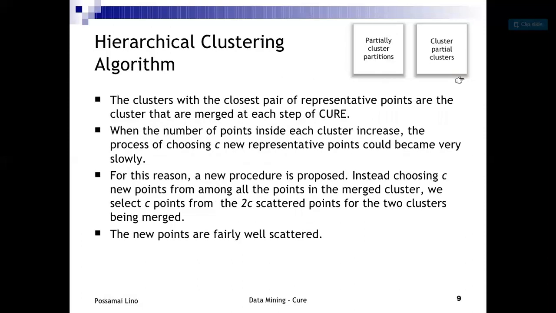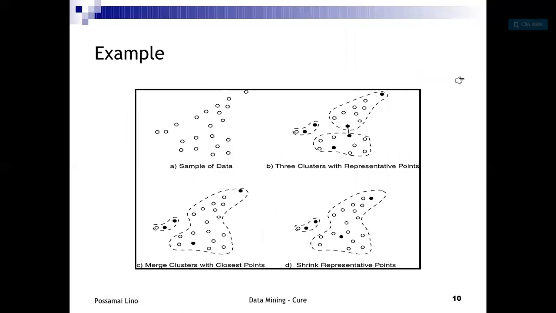I've told you that when two clusters with C scattered representatives are merged, the finally merged cluster will have 2C scattered points, and out of them we shall select C representative elements. So we do not need to rerun the representative element selection algorithm for each merger. So it's time efficient, and the new points are fairly scattered.